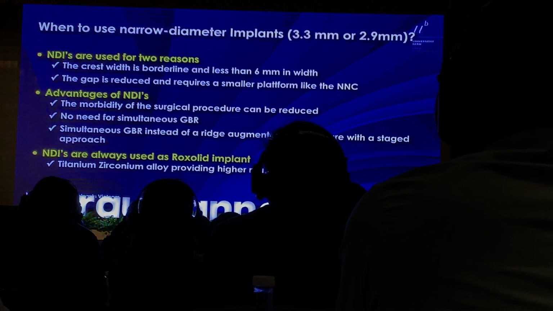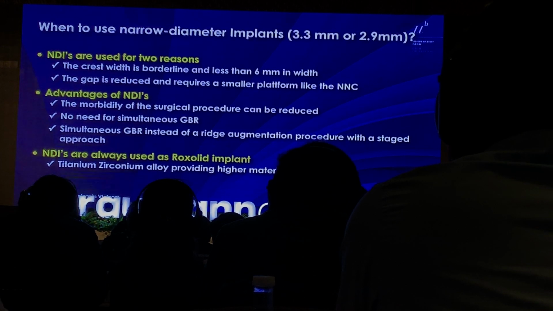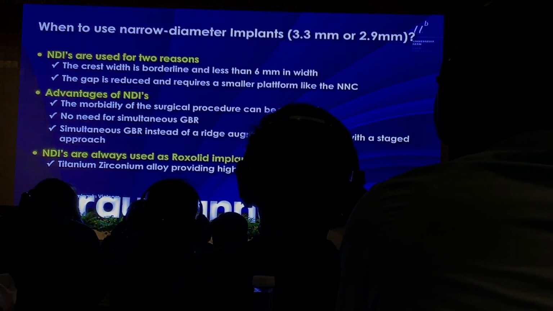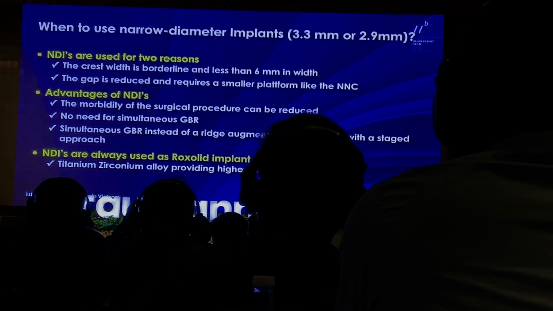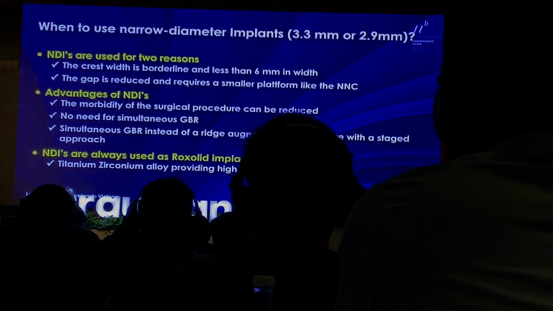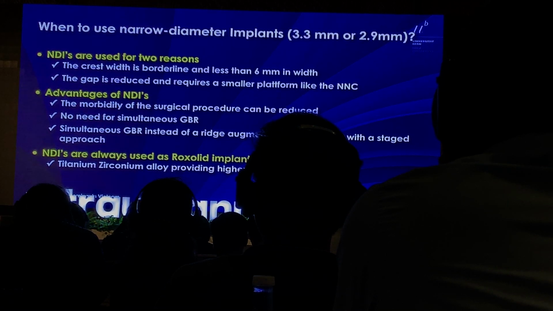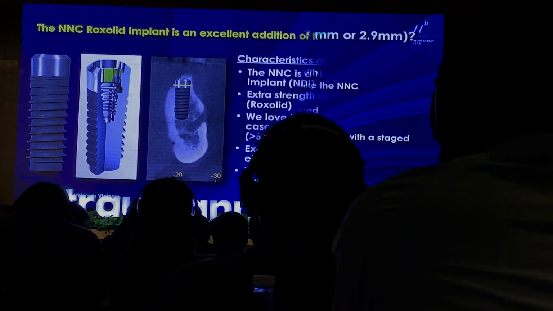The mechanical property is much stronger, about 30%. So I have not seen any fractures with Roxolid implants. I use it mainly as an NNC, which is an excellent implant. I love to use NNCs for premolars, sometimes edentulous patients and so on.